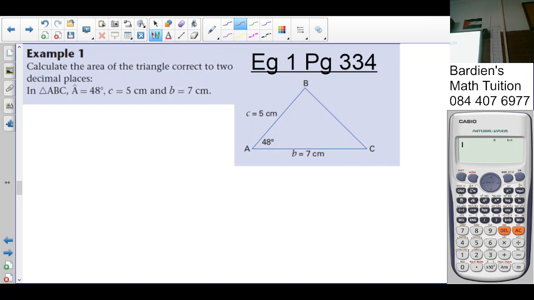So how do we calculate the area of this triangle? The area is going to be half of b, then c, sine of angle A, because we have angle A. Can you see that? Two lengths and the included angle. Now you guys do the substitution and work it out very quickly.